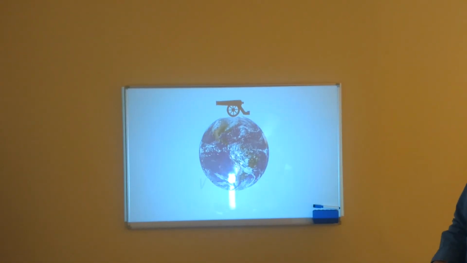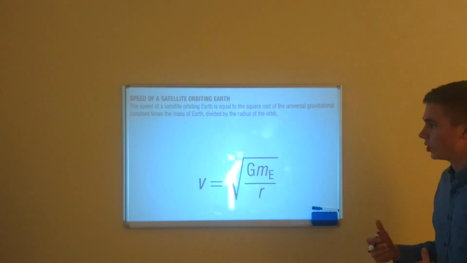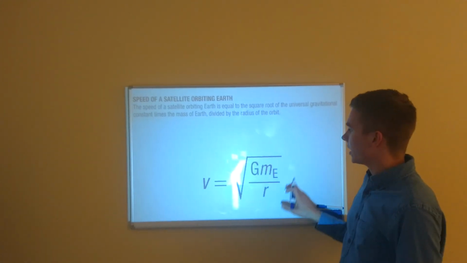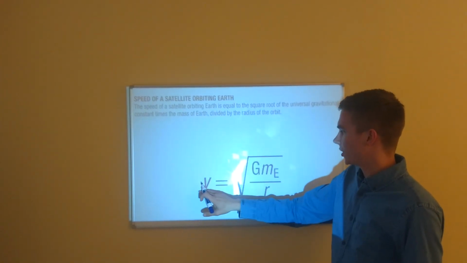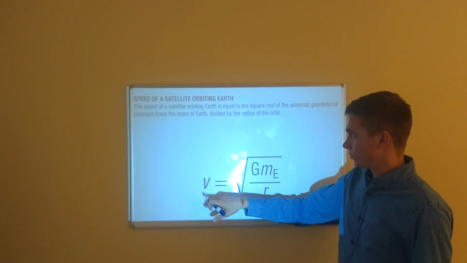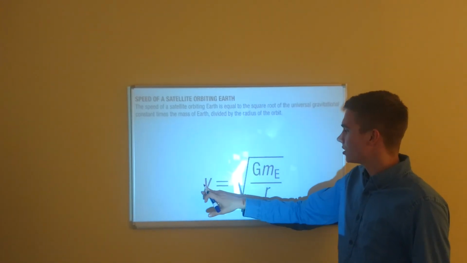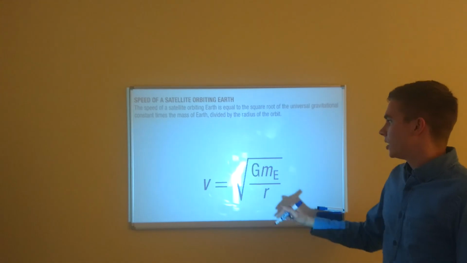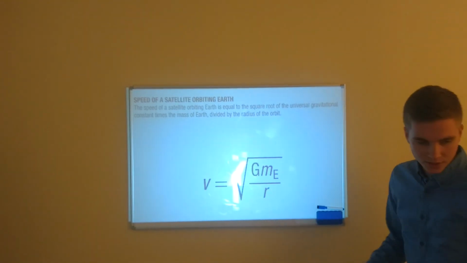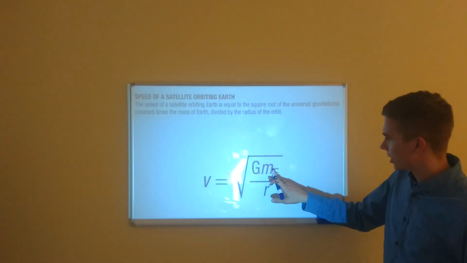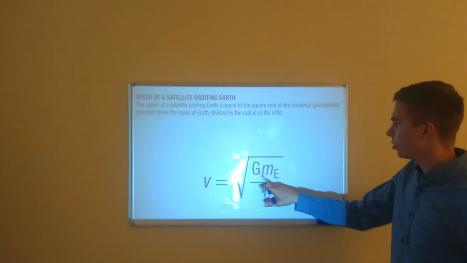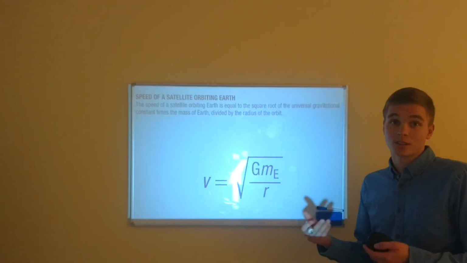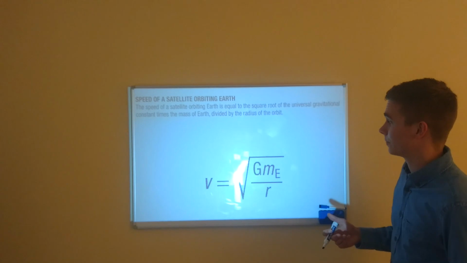We're able to find this using an equation that comes right out of our book. The velocity necessary for that object, in this case a satellite, is equal to the square root of our gravitational constant times the mass of the Earth, all divided by r, which is the distance between the two objects.